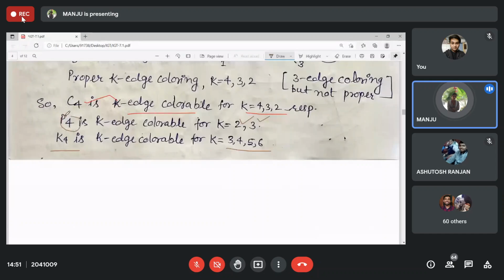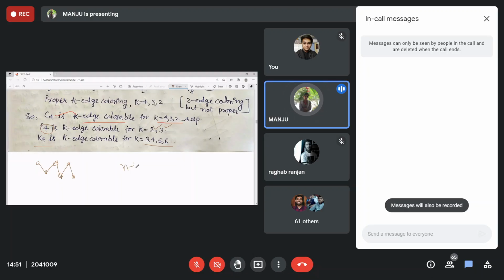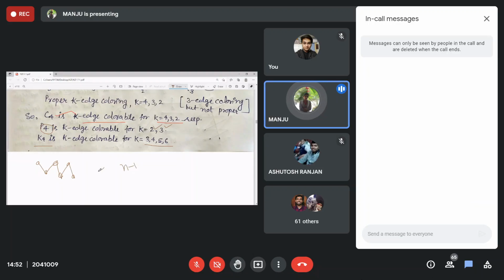Maximum number of edges is 3, na? And minimum we can use 2 colors, right? Alternatively. And in case of Pn also, maximum is n minus 1 and minimum is 2. Clear? Whenever n is at least 3.